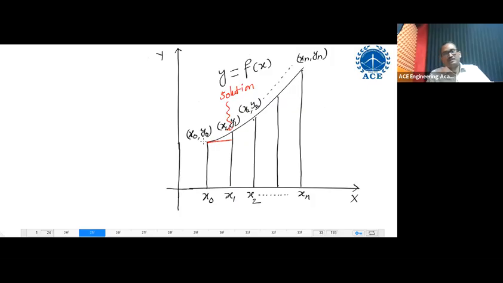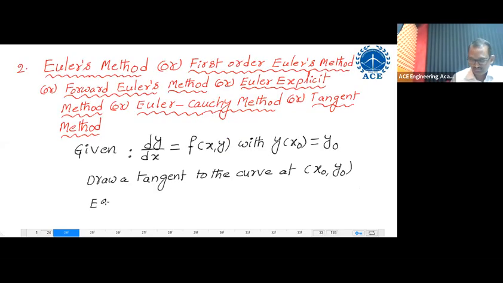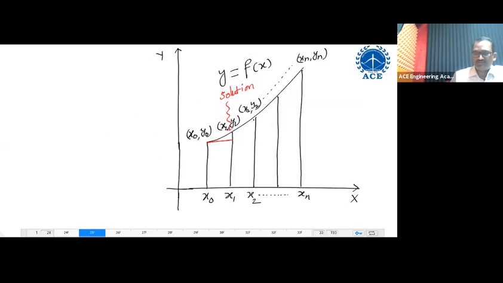Do you know the equation of the tangent formula? Y minus y naught is equal to m into x minus x naught. This is the formula for the equation of the tangent passing through the point x naught, y naught.